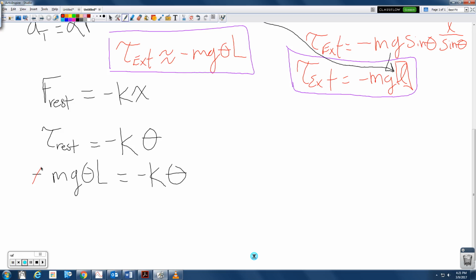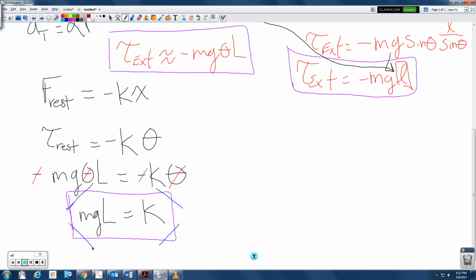We have minus signs that are going away, a theta that is going away, and so we have mgL left over. Remember this is big L, the length of the pendulum, equals k. Let's box that one. Now we have an analog for the spring constant, except this is based on the torque produced by the gravitational force acting on the pendulum. So we have this value for k.